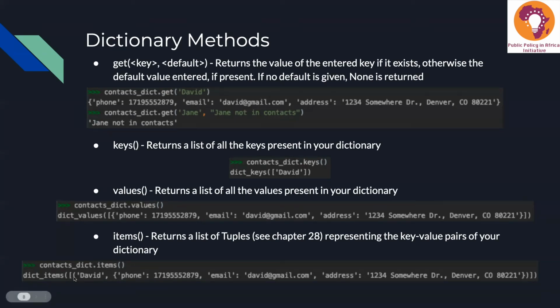And then in that, we have a tuple. The parentheses represent a tuple here. That's what these nested parentheses are. The first thing in that tuple is the key, and the second thing in the tuple is the value. So the key was David, and the value was this dictionary of contact details. So that's how the items method works.